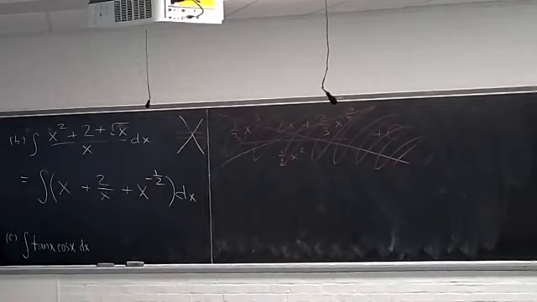Now, x to the half divided by x to the first, you're left with x to the half in the bottom. And because we're going to eventually need a power rule, I'm going to just write that as x to the negative 1/2. Any questions about splitting that fraction into those 3 pieces? Okay, now we can do this piece by piece.